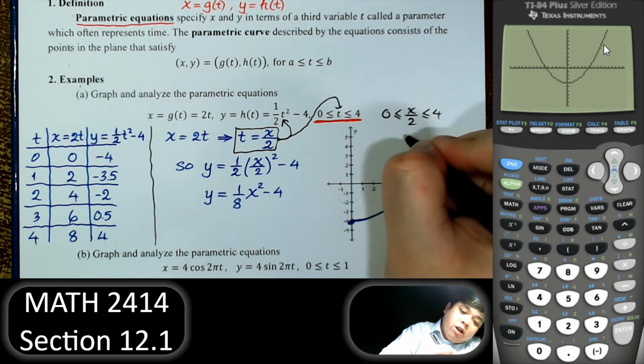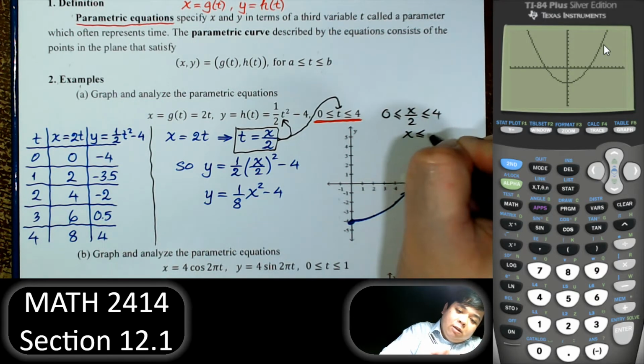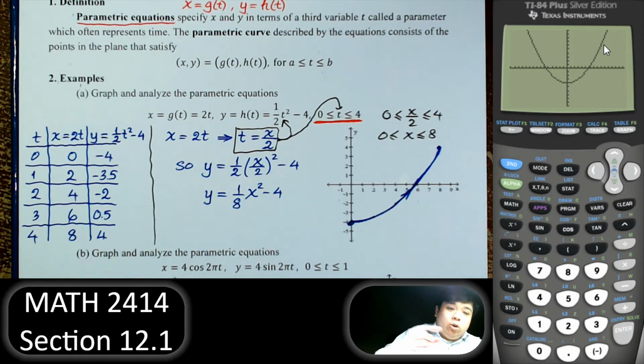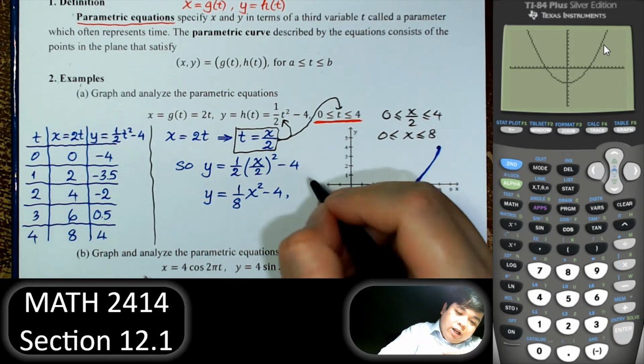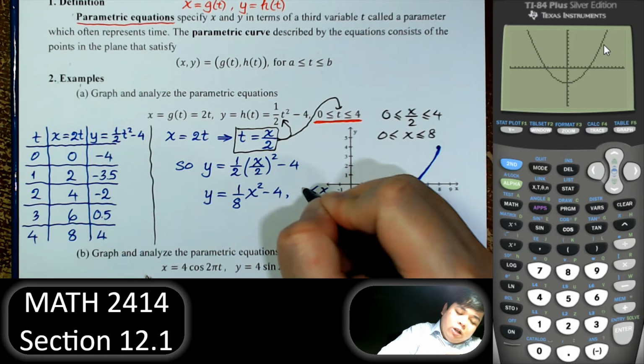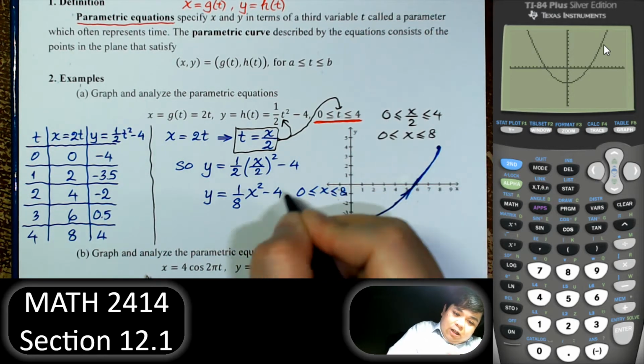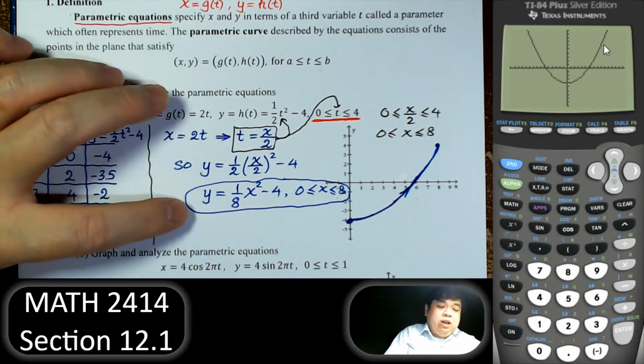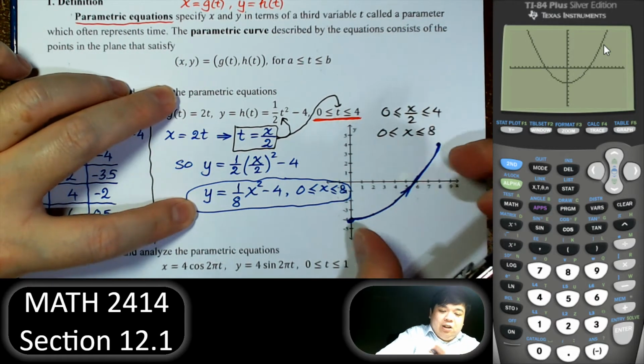Multiply 2 on both sides, and we have x between 0 and 8. So if we want to graph, we can say x between 0 and 8. That equation will be similar to what is represented by this.